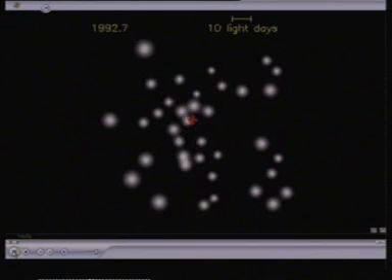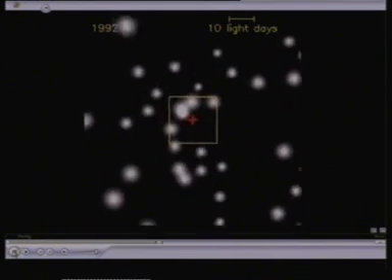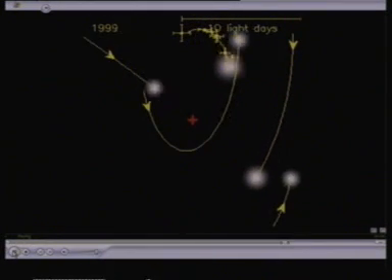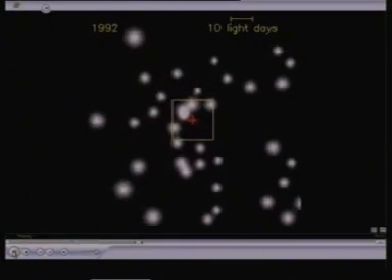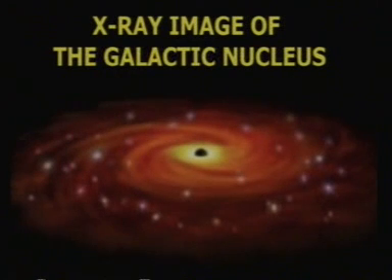And these high temperature clouds emit X-rays, and therefore we can picture this center of our galaxy, the nucleus, in X-rays. One of these X-ray pictures that you would see has been taken by Chandra satellite.